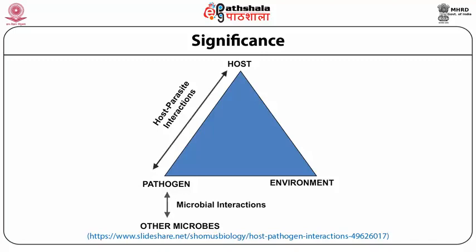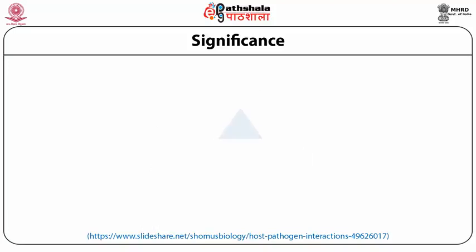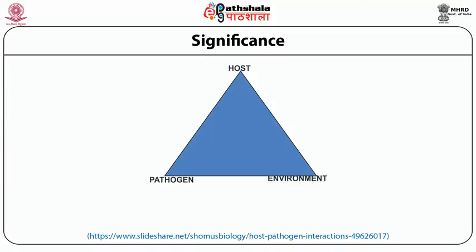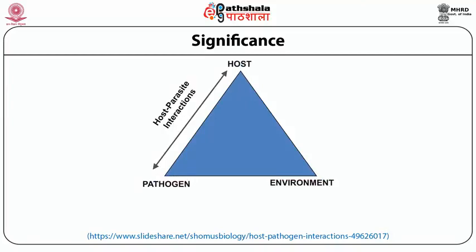So we can say that host pathogen interaction is specifically determined by the environment, and in the disease triad, host, pathogen and environment are three important pillars. These three things determine whether disease will happen or not.